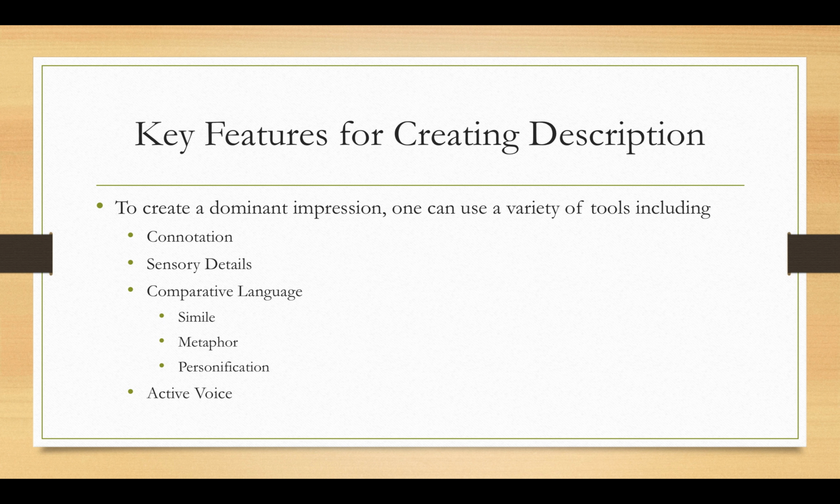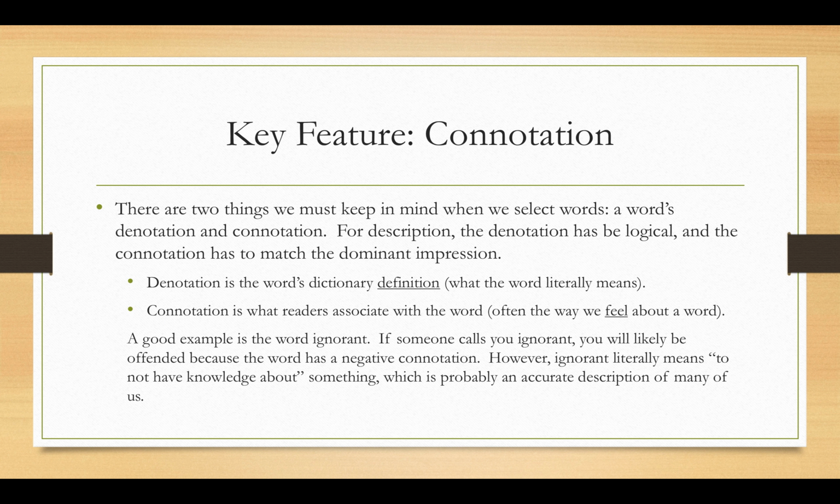So to make the impression, you can use a lot of different tools. We're going to go through them. Connotation essentially is where you use the words that you're describing for a particular intent. So denotation was the definition. Connotation is what you associate with the word. So when you say ignorant, you have something conjured in your head, an image or an idea or an understanding of what that means.